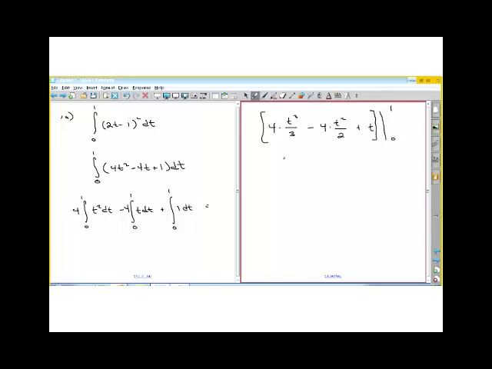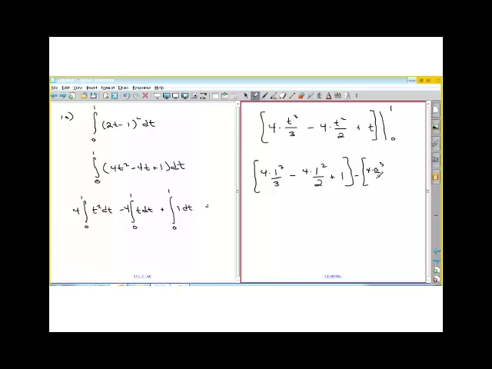And so evaluating it at 1, you just plug 1 in. So you get 4 times 1 cubed over 3 minus 4 times 1 squared over 2 plus 1. So that's evaluating the function at the upper limit.